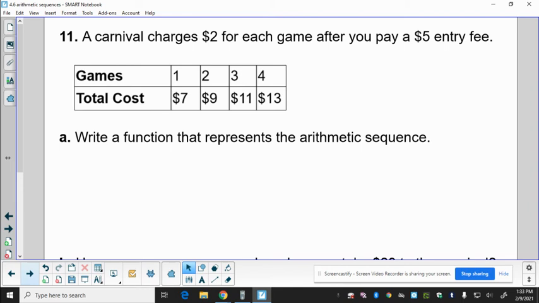All right, I want everybody to do the same thing for this. Let's see, a carnival charges $2 for each game after you pay a $5 entry fee. So, to help you out with this a little bit, here's the sequence of numbers right there, everyone.